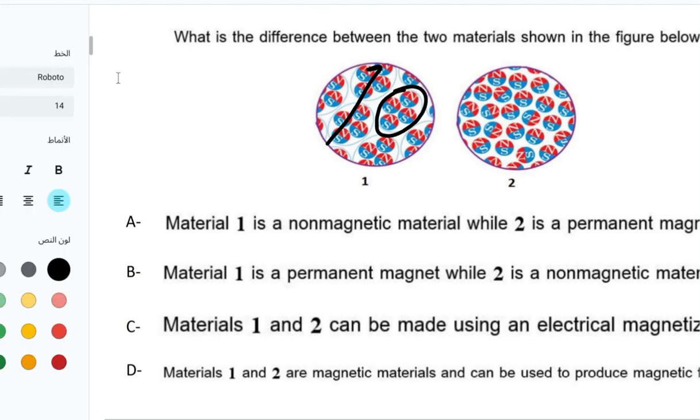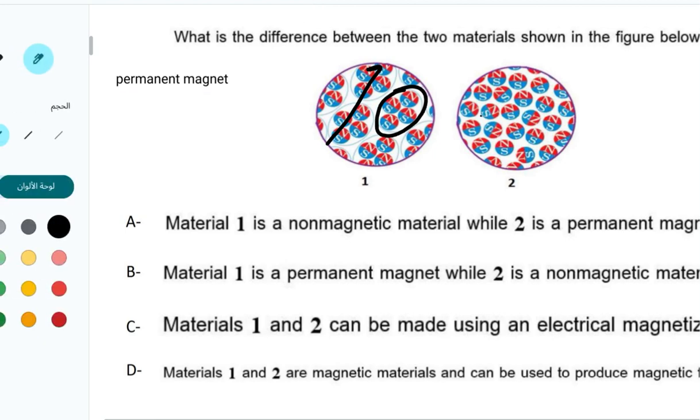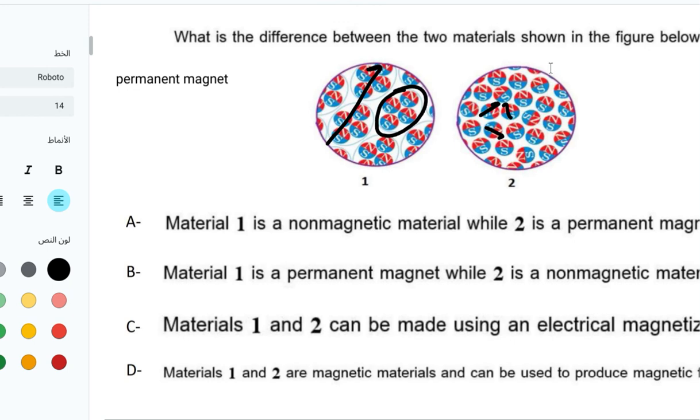So we know that this has to be more than likely a permanent magnet. Here we have no magnetic domains, and each one is facing in a random direction. So they are canceling each other out. No magnetic domains, that means this is a non-magnetic material.